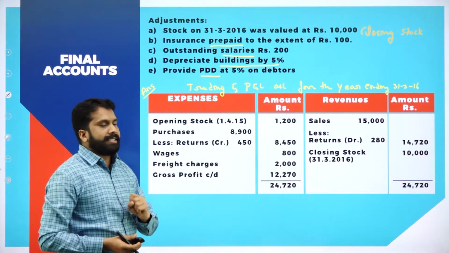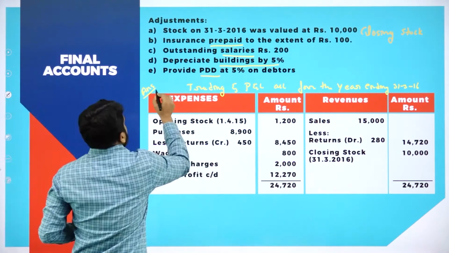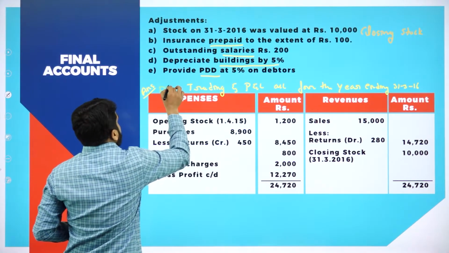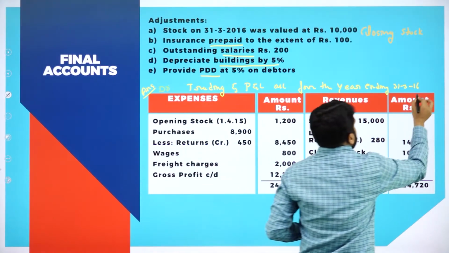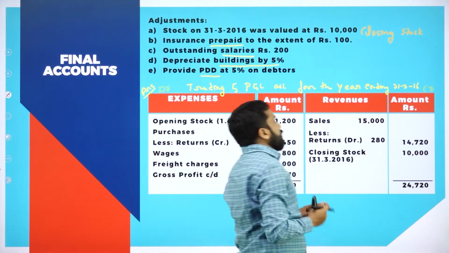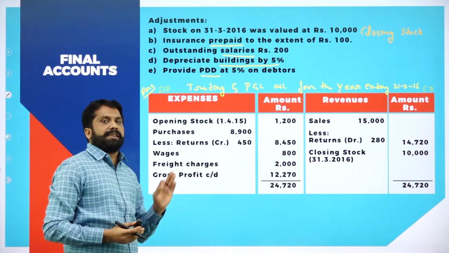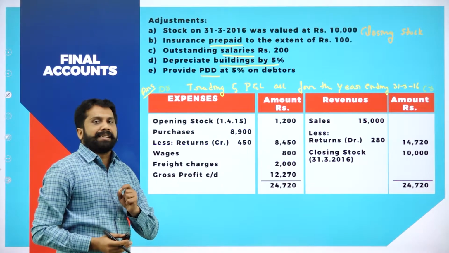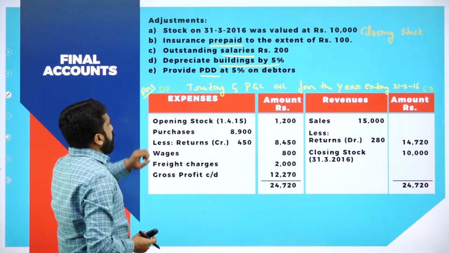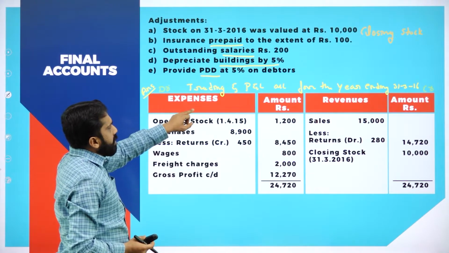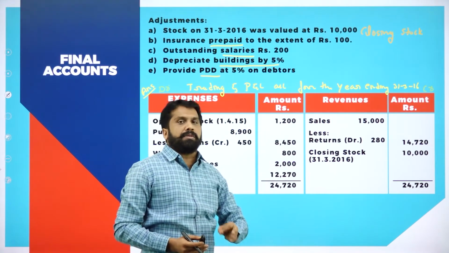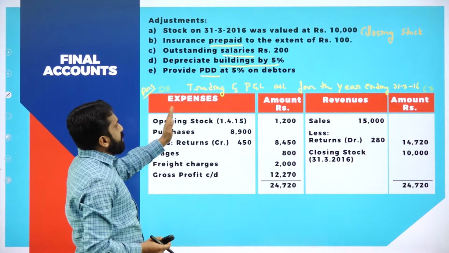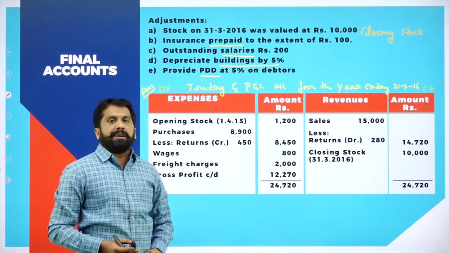Once the heading is done, you have to write this must be debit and this must be credit. Your debit side we call as debit and credit side you call as credit. Now, your heading can be particular amount or expenses amount, revenue amount.